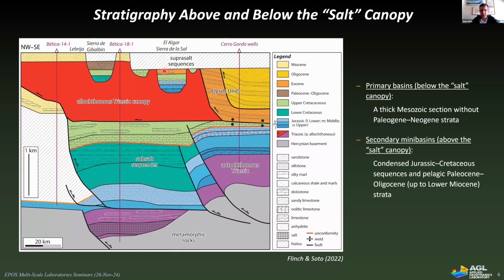So this is one of the observations, in addition to the surface interpretation and the seismic interpretation, that we have an important salt structure that is incorporated in the fold and thrust belt.